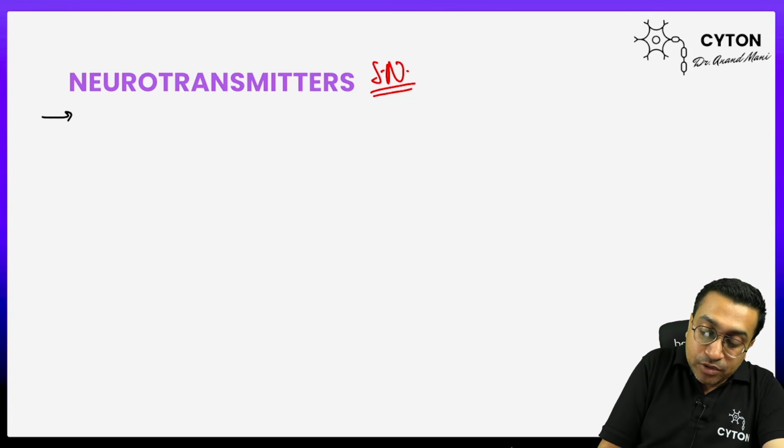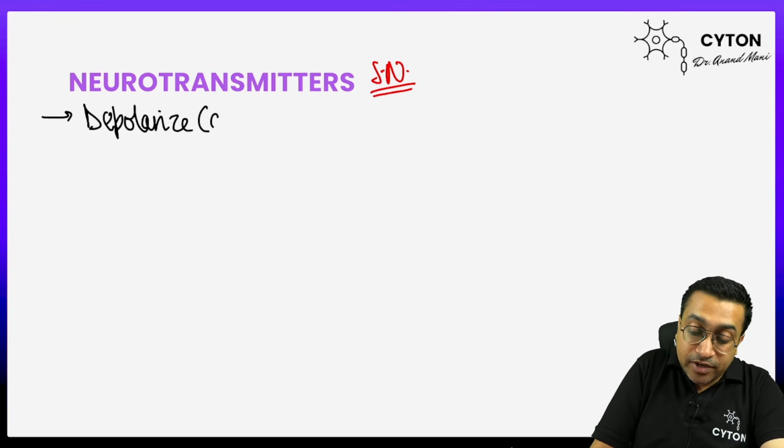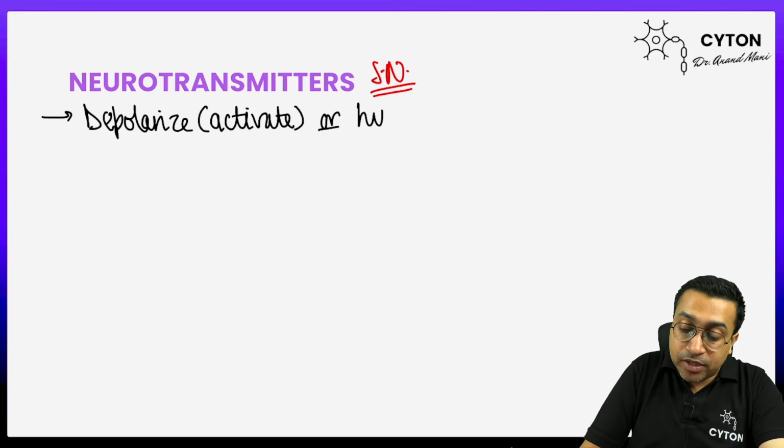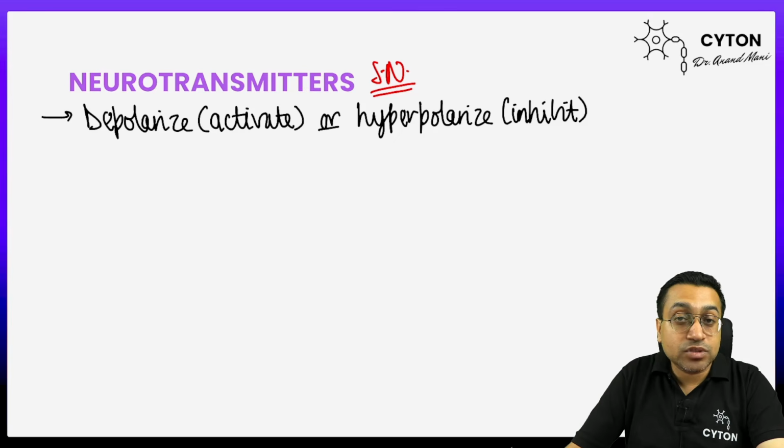Please remember, a neurotransmitter can depolarize, that means activate, or it can hyperpolarize, inhibit the postsynaptic membrane.